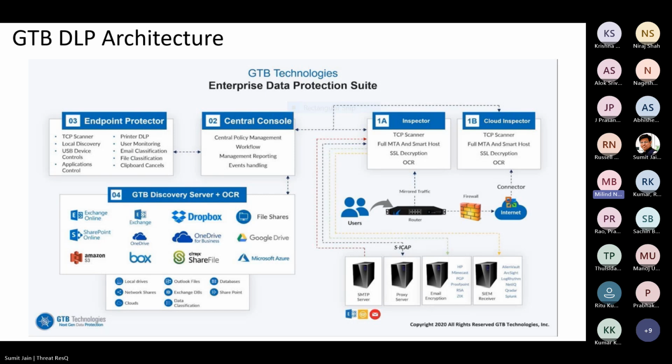Of course, there is a connector which you need to define for that. The GTB DLP team will share that connector during the installation, and integrate those cloud entities with your cloud inspector, so that it can monitor, communicate and track any sensitive data passing to or coming from that cloud, right? So this is an optional license.